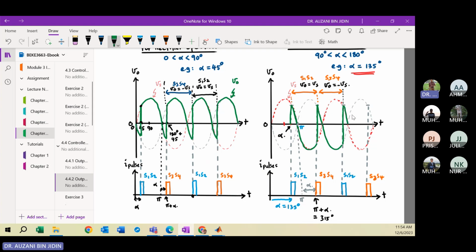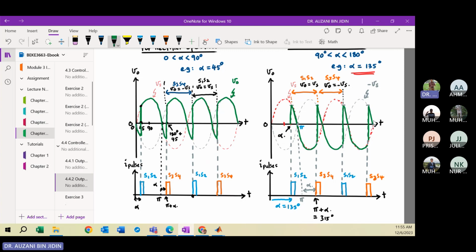Remember, the dotted line waveform is the VS. But when S3 and S4 are conducted, your VO will be equal to minus VS, the gray color waveform here. The gray color here is the inversion of the source. So here is the output voltage when S3 and S4 are turned on.